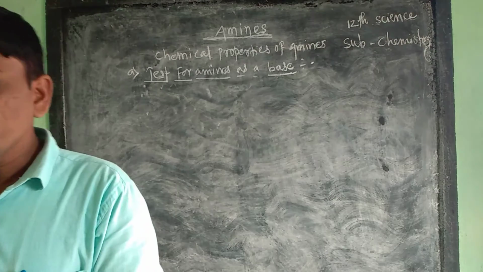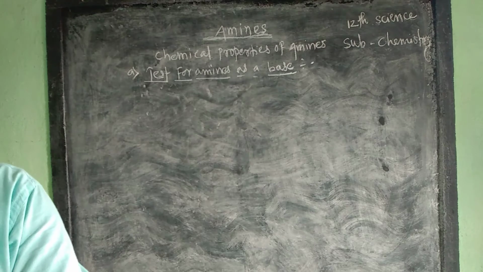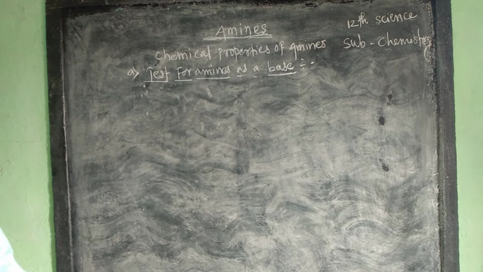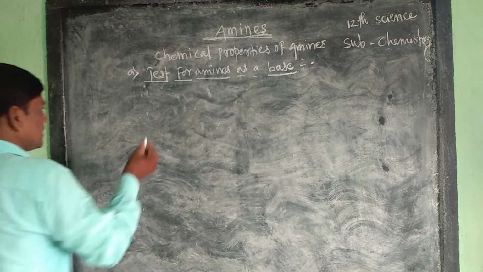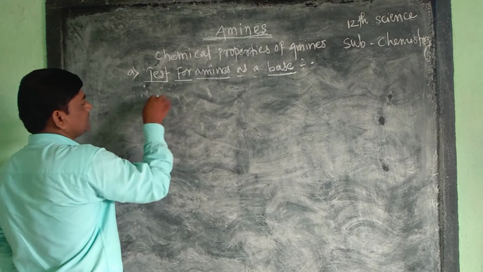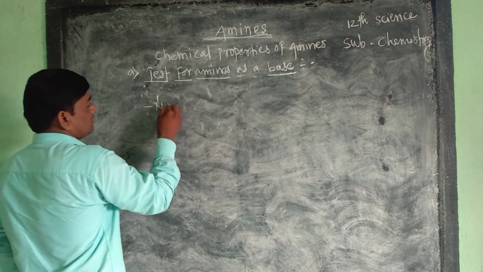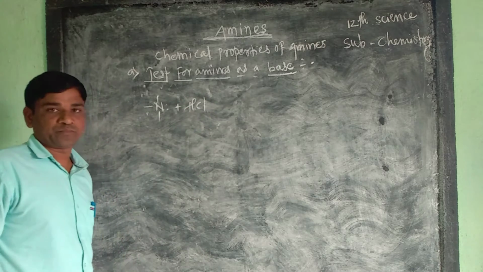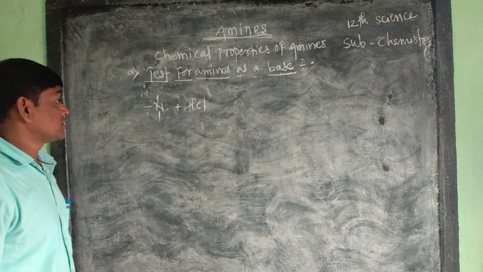The basic nature of amines is detected by using a strong acid. For example, a tertiary amine reacts with strong HCl, an aqueous solution of strong HCl.